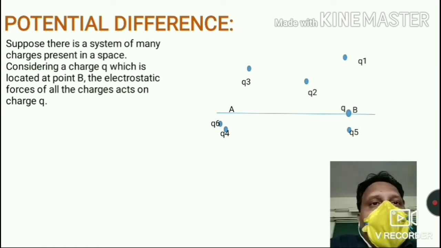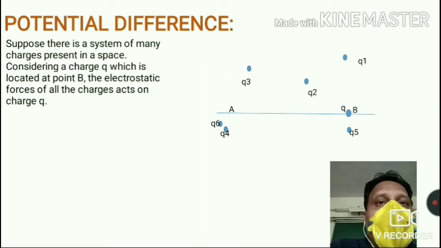Suppose there is one system of many charges. Here 1, 2, 3, 4, 5, 6 charges are there in a space. And in that we are considering the charge Q, which is located at B. The electrostatic forces of all the charges act on the Q. So Q is a point where all the charges Q1, Q2, Q3, Q4, Q5, Q6 act on the Q. Why is it acting on the Q?